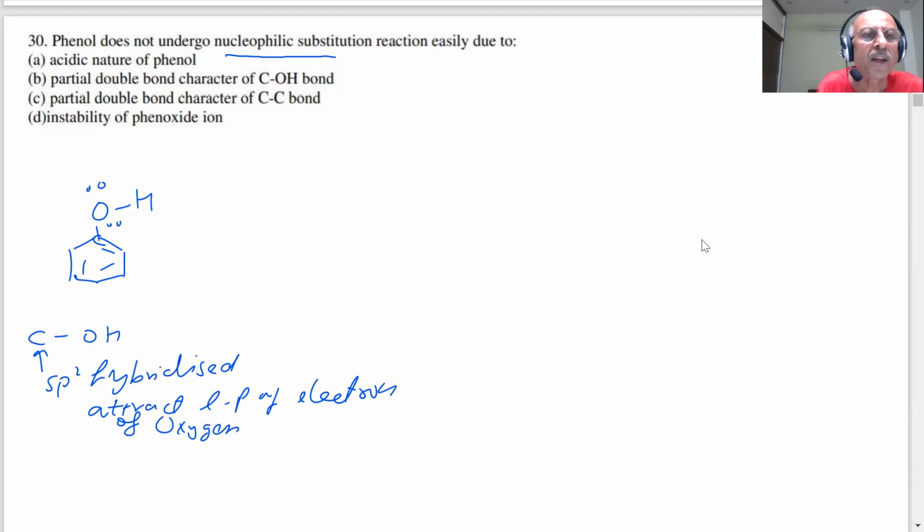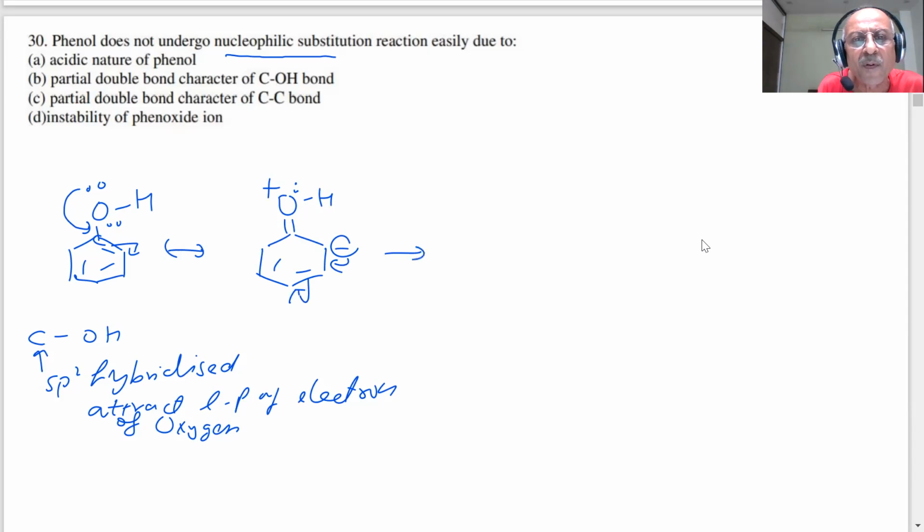Then what will happen? If this lone pair of electrons is attracted by this, student, you know what process can take place. You can have something like this. So there's still one lone pair of electrons, positive and negative, and still this can further undergo resonance stabilization.